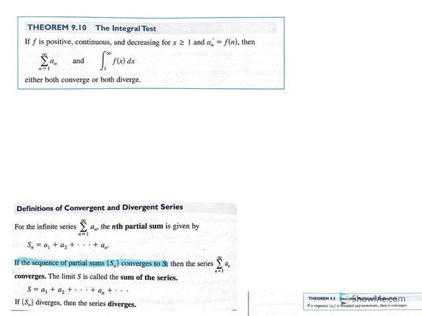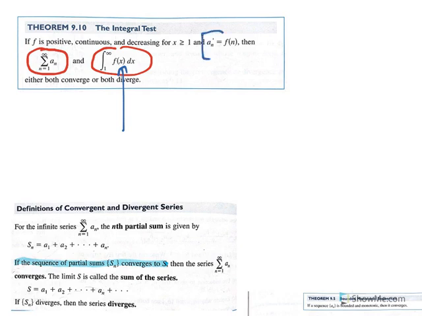So here we have Theorem 9.10, the integral test, and it states the following. So here we have an infinite series. And what's the relationship between this improper integral and this infinite series? The integrand for the improper integral is f of x.